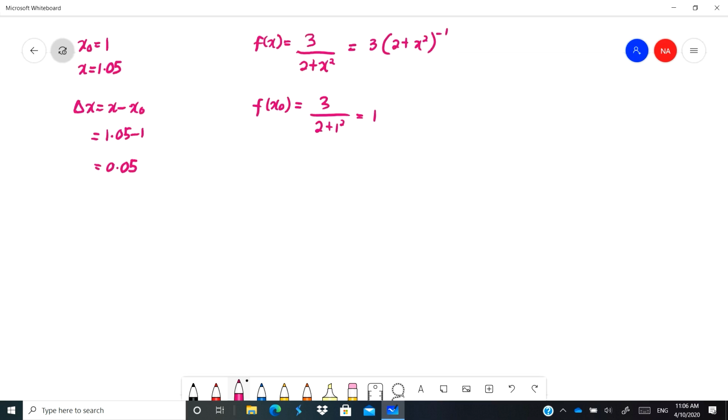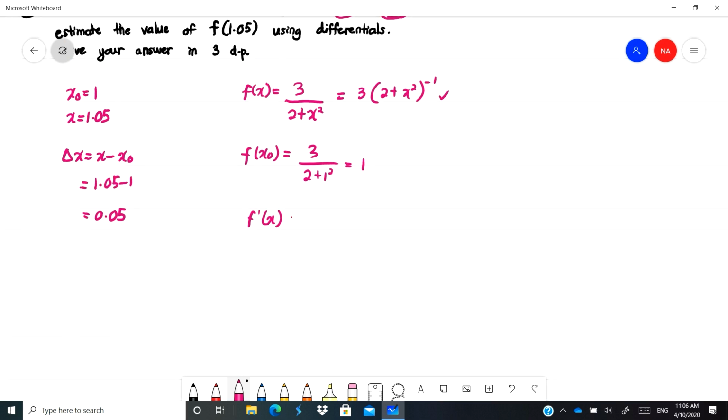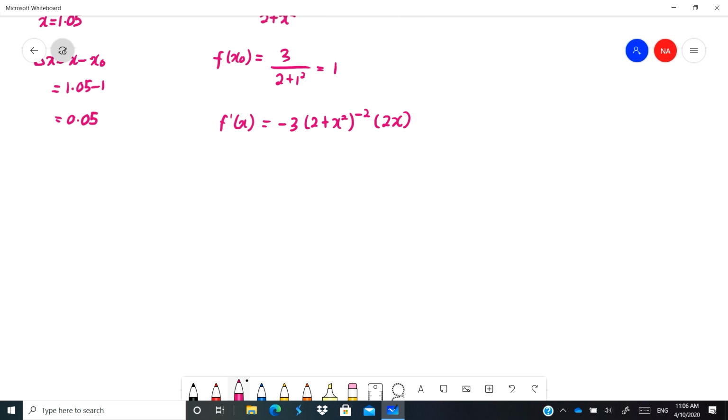Then we differentiate: f prime of x is -3 times (2 plus x squared) to the power of -2, and then we differentiate the bracket to get 2x. Writing this in another form, it is -6x over (2 plus x squared) to the power of 2.